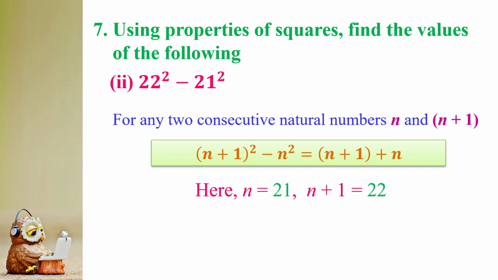Here n is equal to 21, n plus 1 is equal to 22. We have to write 22 squared minus 21 squared is equal to, substitute the values, n plus 1 is 22 and n is 21. So 22 plus 21, we have to add, we'll get 43.